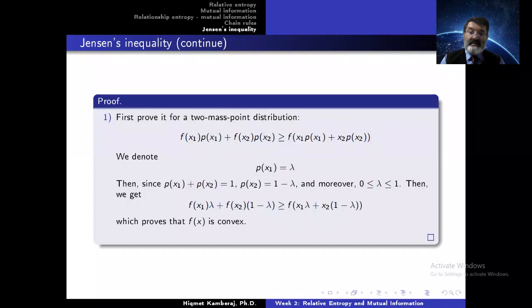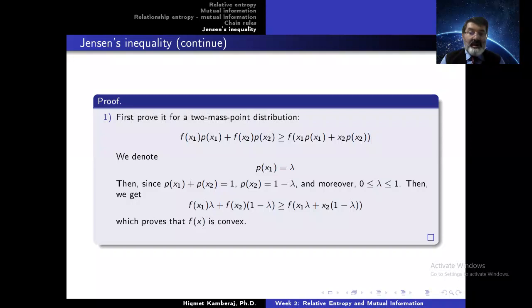In that case, the expected value of f of x is equal to f of x1 times p of x1 plus f of x2 times p of x2. And I want to show that this is greater or equal to f of the expected value of x, which is equal to x1 times p of x1 plus x2 times p of x2.